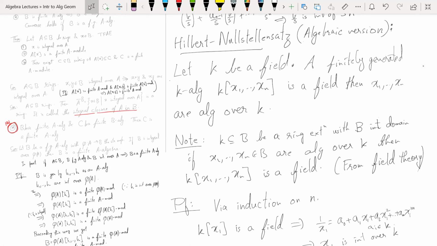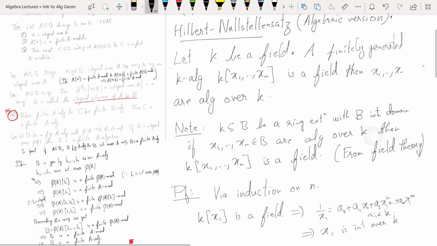Note that K[x1] is a field means x1 must be algebraic over K, because 1 over x1 you can write as some polynomial in x1 with coefficients in K. Then x1 satisfies a monic polynomial: you multiply this equation by x1, and you get x1 to the power m plus 1 times something, and K is a field, so you can divide by am to make it monic.